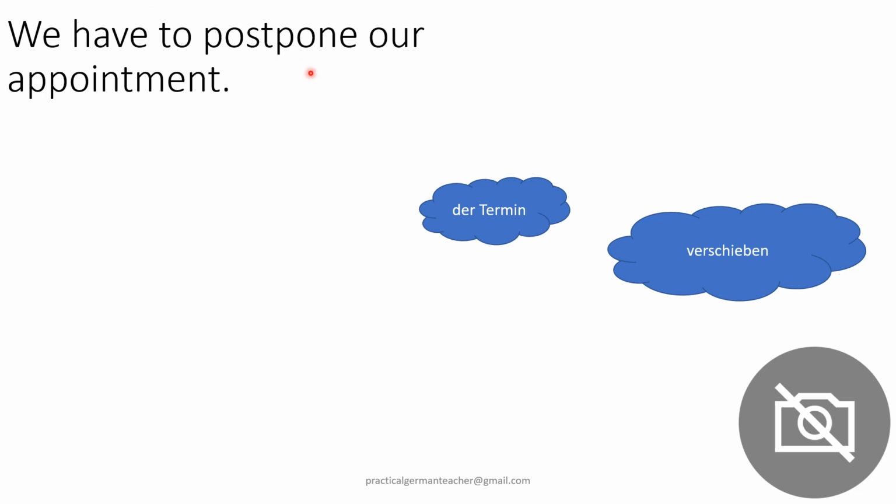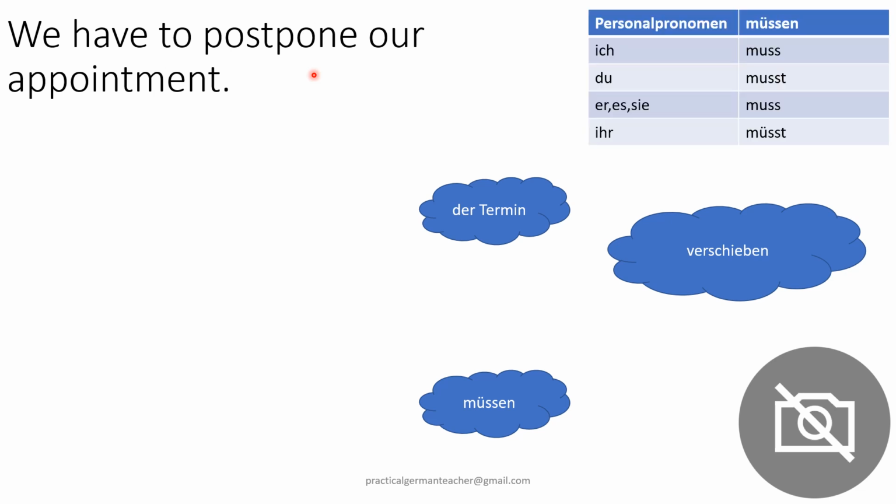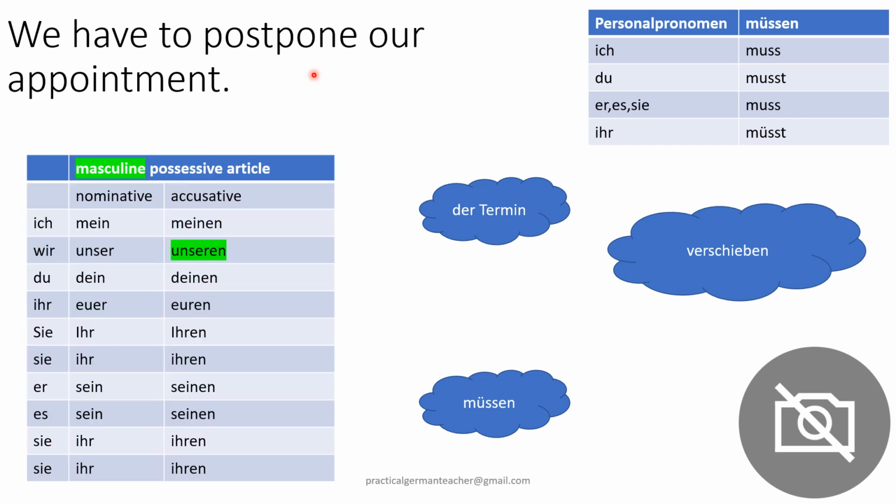Of course, you already know Termin. The verb for postponing is verschieben. This is the one that I use. If there is another verb that you can use in this situation, please comment. Of course, the modal verb you will use is müssen. So ich muss, du musst, sie muss, ihr müsst. This is the conjugation table. Here you are using a possessive article, and here is the table for the masculine possessive article because Termin is masculine, and we will be using unseren because it's our.